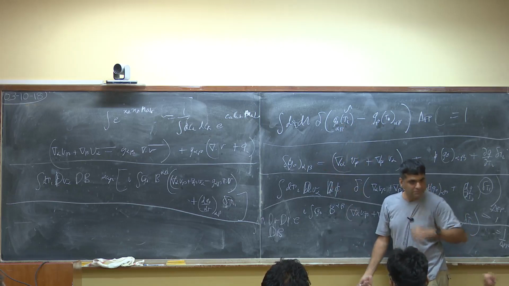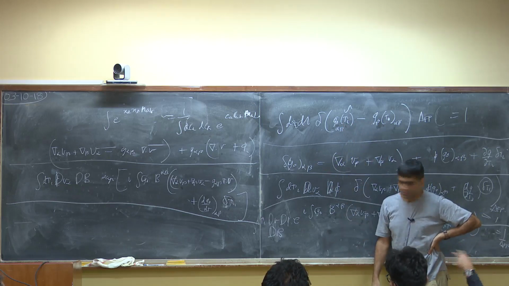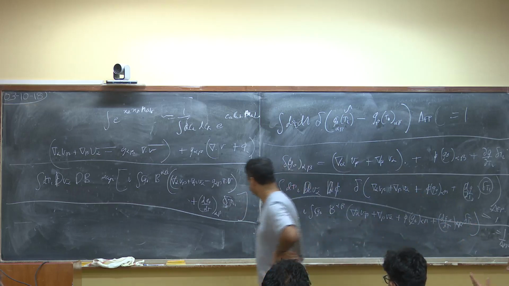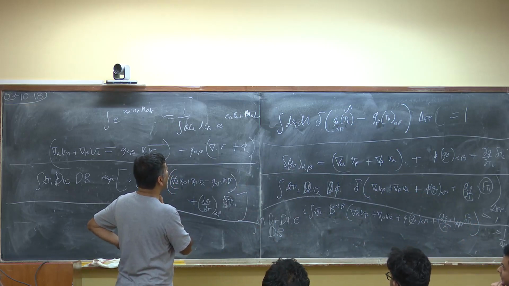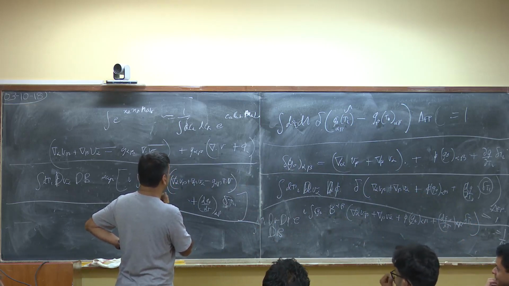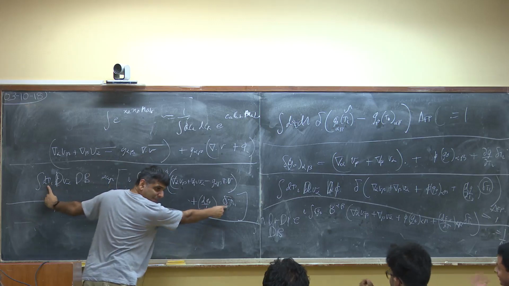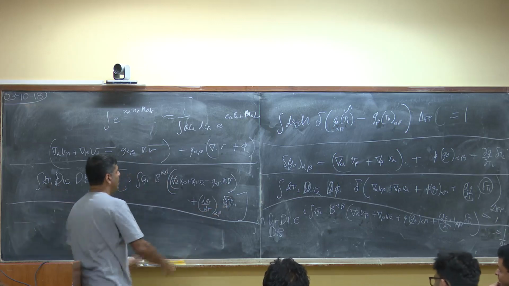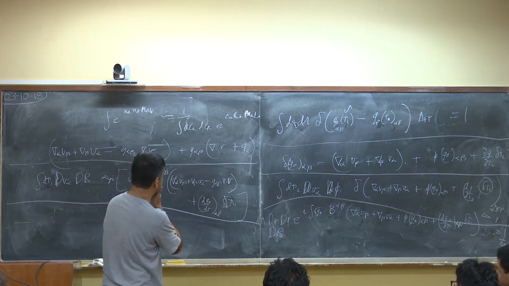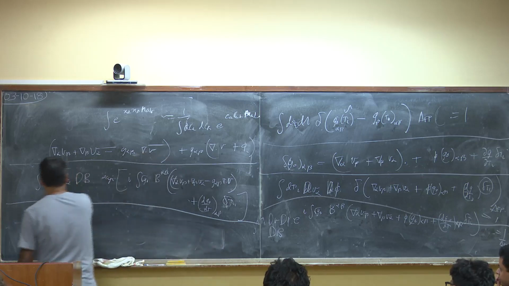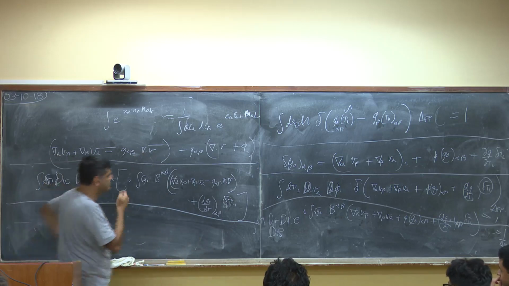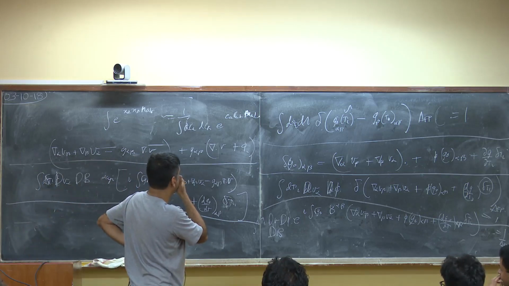So I think what he's asking is whether we can make a change of integration variable. You're saying this and this, are they the same? That's the question? Yes, that is correct. So we can call this delta tau if you want. Just a minute.